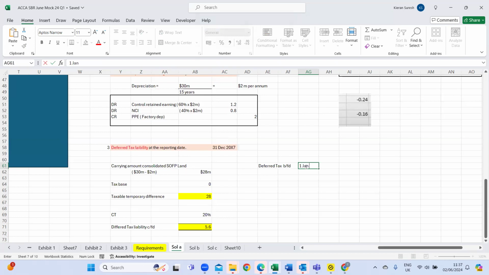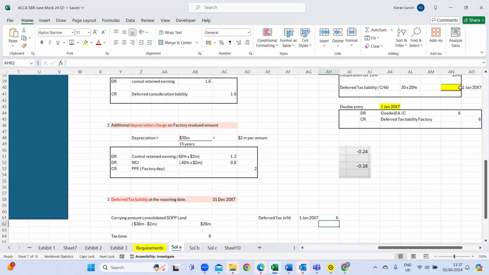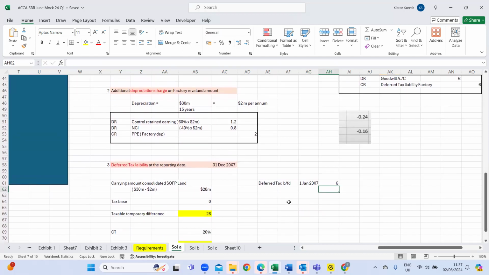1st January 2017. And how much have we recognized? We recognized already 6 million. That was there when we first started. But now we were told to bring the deferred tax carried forward amount to what figure?